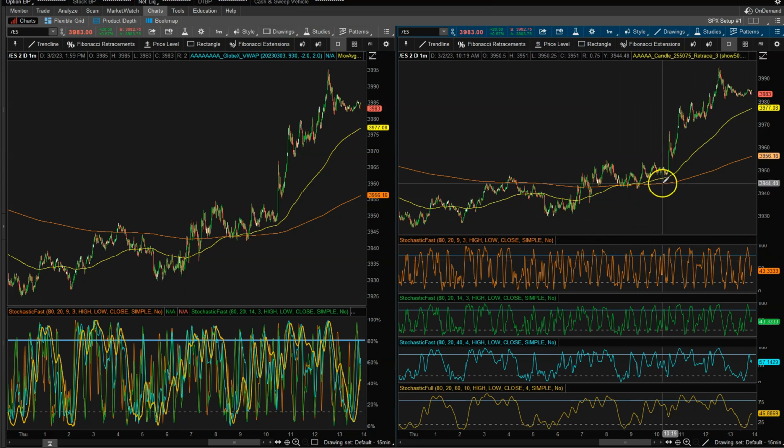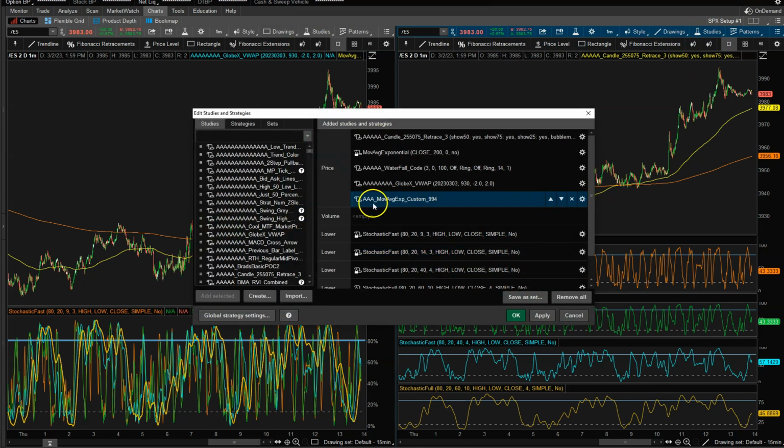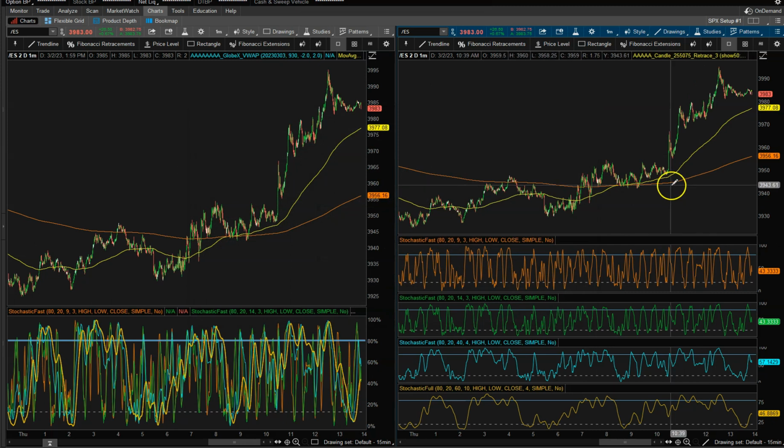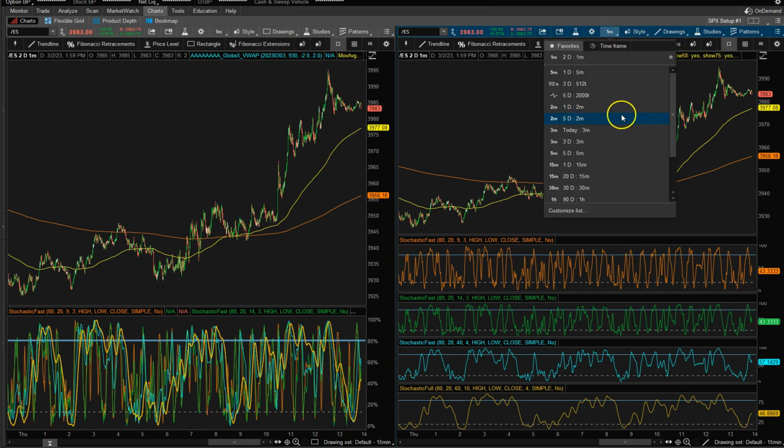Then we have this orange line, which is a 200 period 5 minute, but it's showing on a 1 minute chart. It's a 994 exponential moving average, which is equivalent to the 200 period on a 5 minute chart.